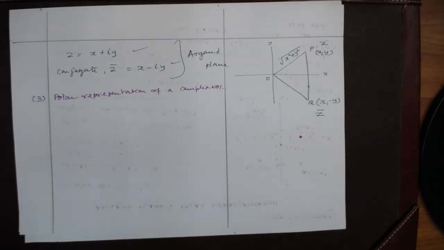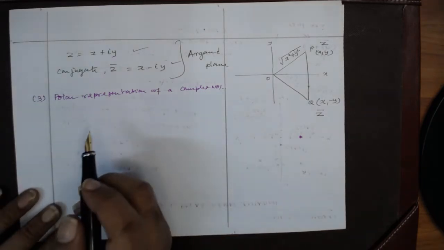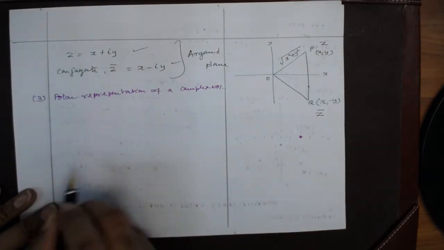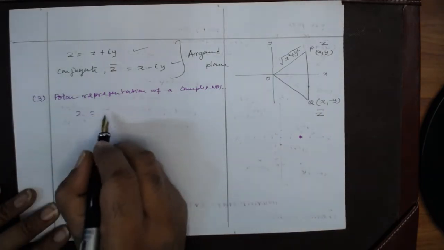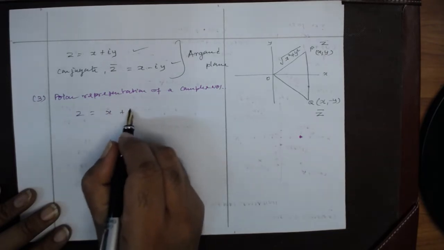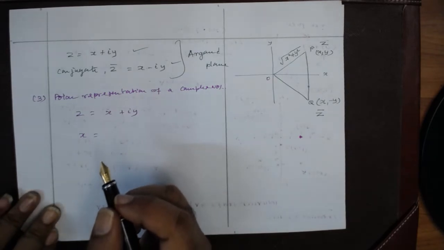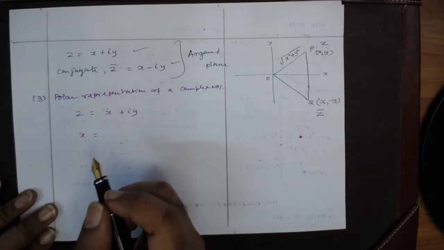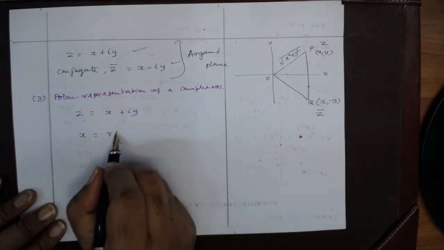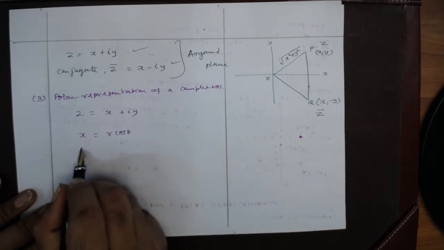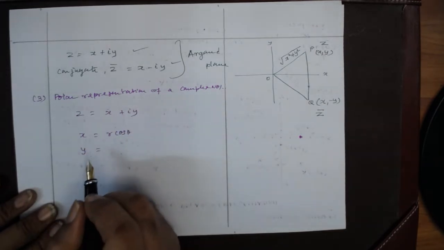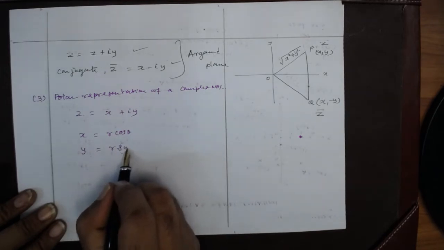So in this case, as we already know, z is represented as x plus iy, and x can be represented as r cos theta, and y can be represented as r sin theta.